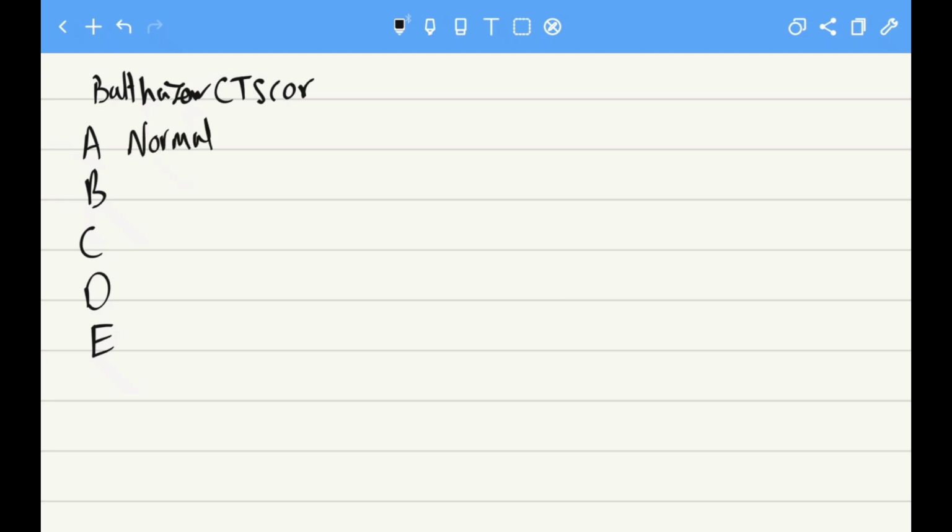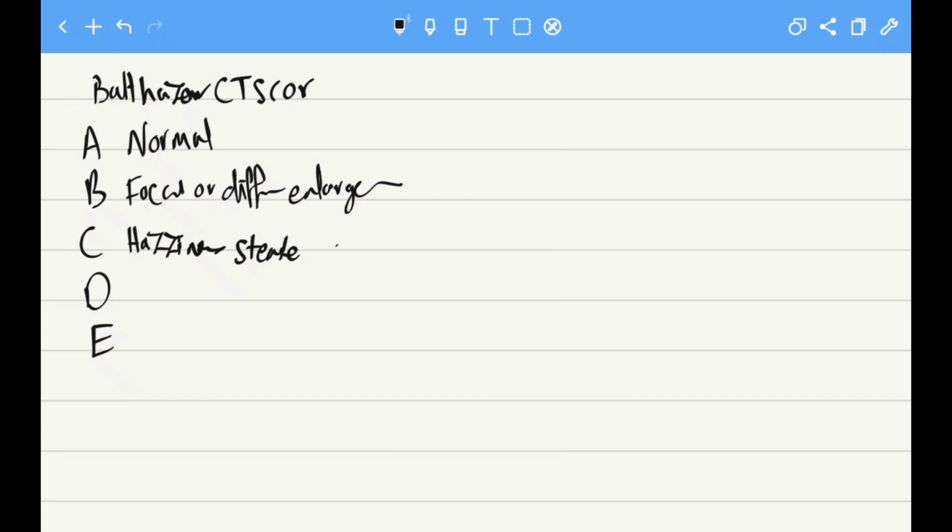In grade B, there is focal or diffuse enlargement of the pancreas. And in grade C, there is haziness and sticky density in the peri-pancreatic fat.